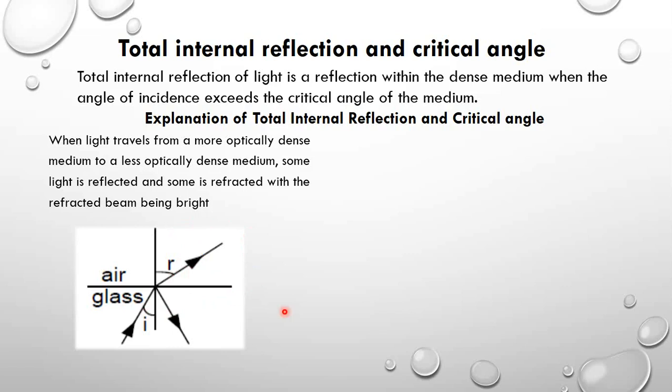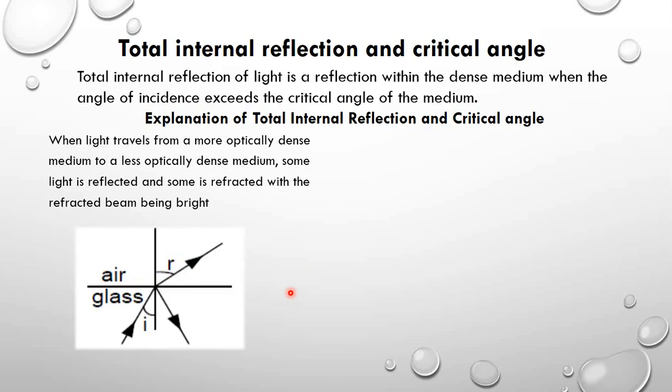So when we increase this angle of incidence i, remember we are moving from a more dense medium to a less dense medium. This refraction is going to occur away from the normal, and so it's going to reach a certain point when the angle of refraction is going to be 90 degrees.